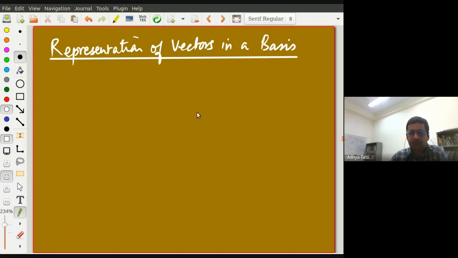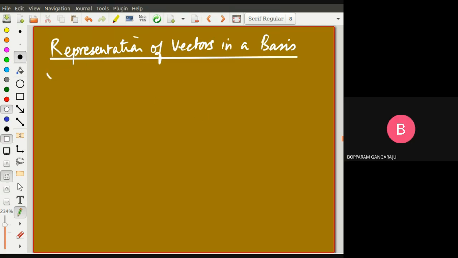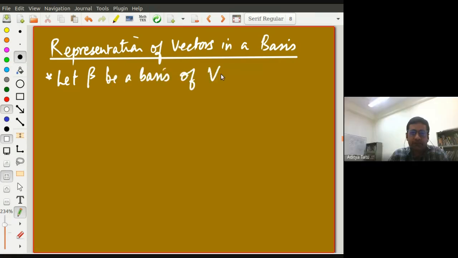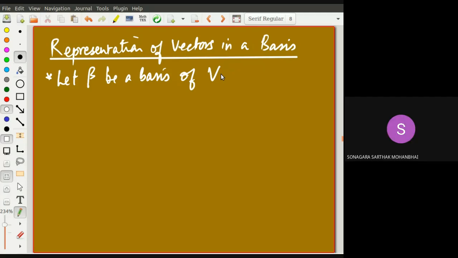Can some of you think aloud upon this? What is the importance of basis? If I give you a basis set beta of V, what can we do with this? Sir, it is the minimum information with which we can represent the whole vector space.